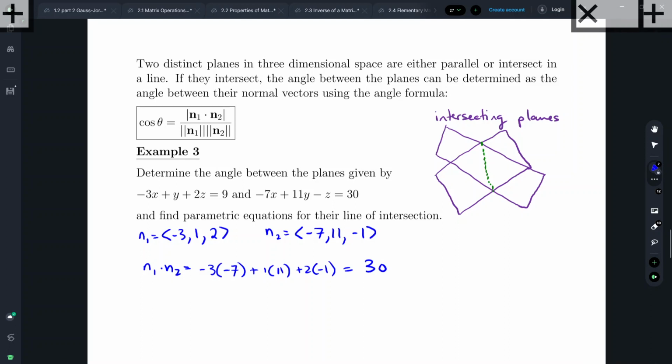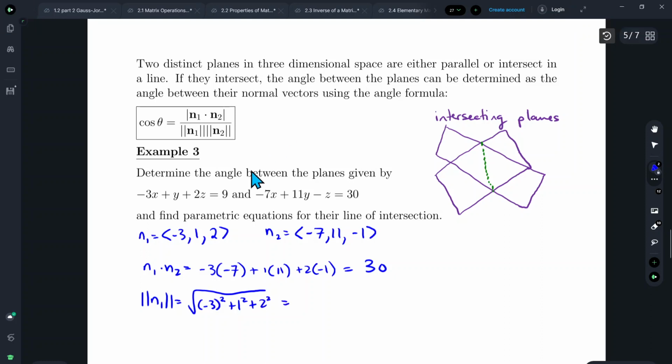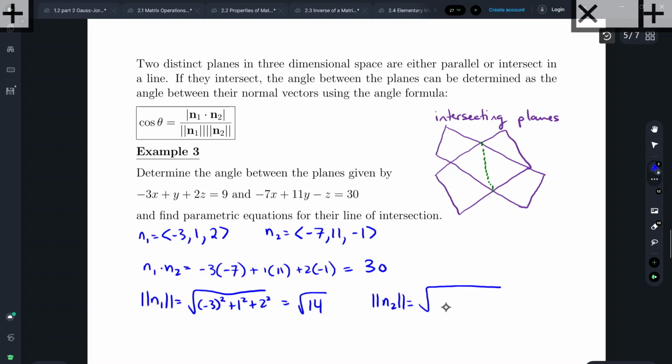And then we need their magnitudes. The magnitude of n1 is the square root of -3 squared plus 1 squared plus 2 squared. So this is equal to 9 plus 1 is 10, 10 plus 4 is 14. So we have square root of 14. And the magnitude of n2 is the square root of -7 squared plus 11 squared plus -1 squared.